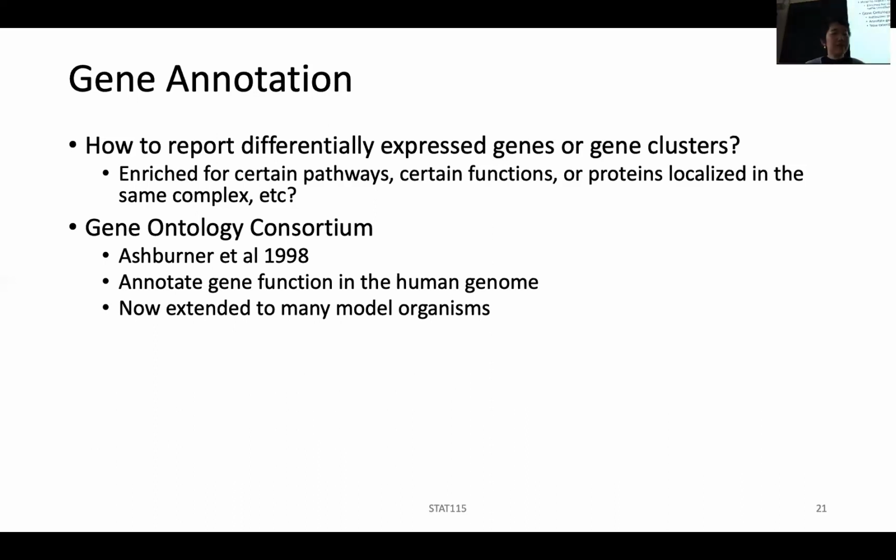The motivation of this really stems from how genes are named. Years ago, when we didn't have the human genome or whole genome of any species yet, every scientist who discovered a new gene was free to name the gene themselves.